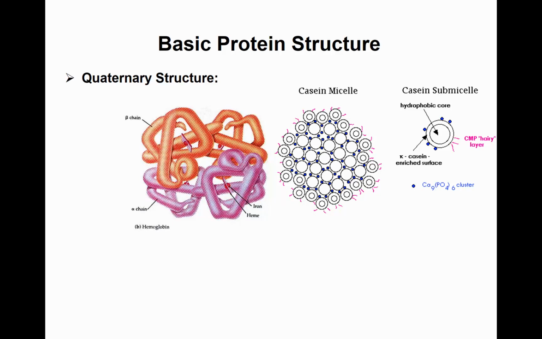In many cases, it doesn't end at the tertiary structure. Stabilization is needed in a quaternary structure. Quaternary structure is when you have individual polypeptides interacting with each other to form a stable structure.